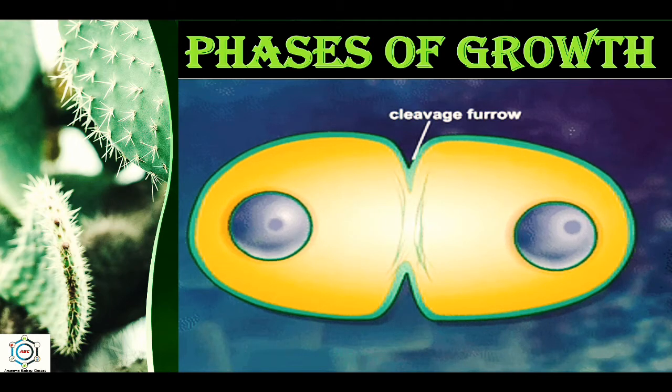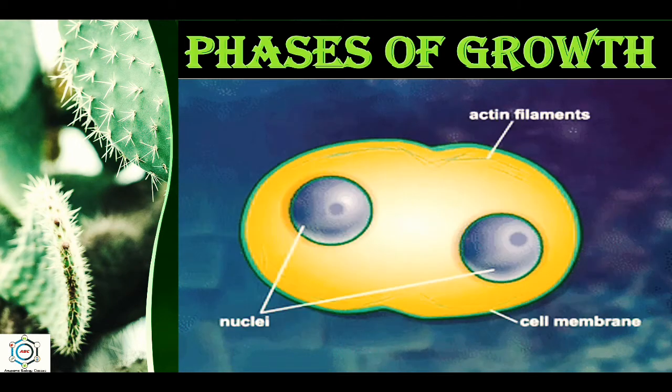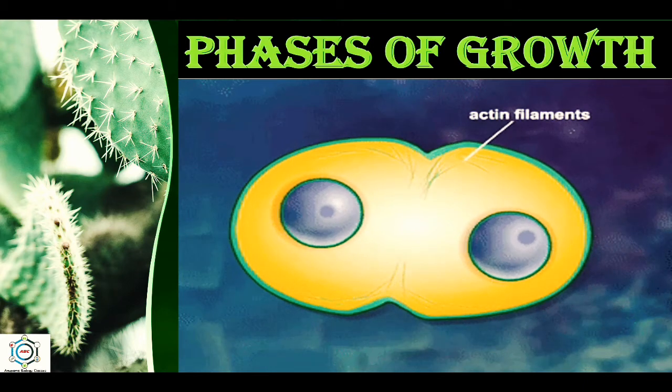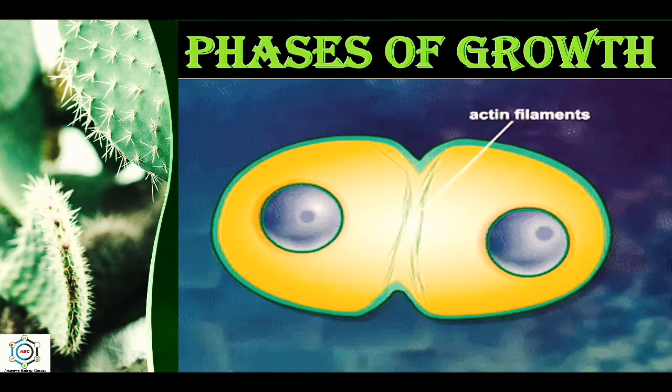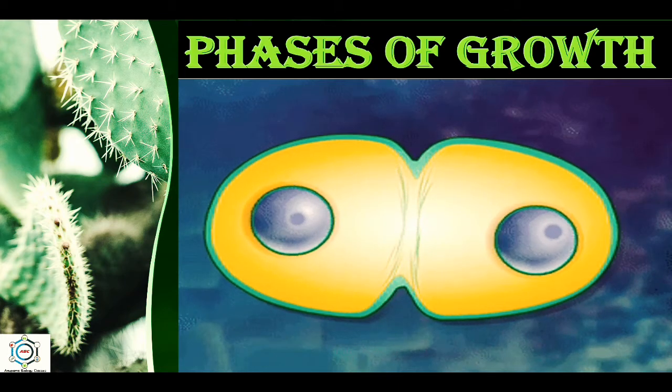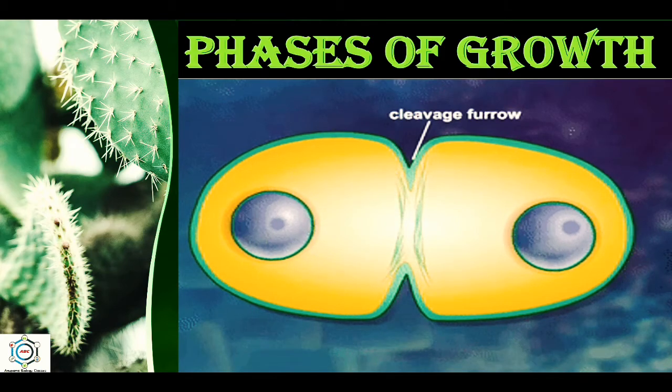Certain cell organelles, viz. chloroplast and mitochondria, apparently duplicate themselves. As a result of division, each of the two daughter cells is only half the size of the parent cell. These cells then proceed to enlarge and synthesize their own cytoplasm and cell wall materials.